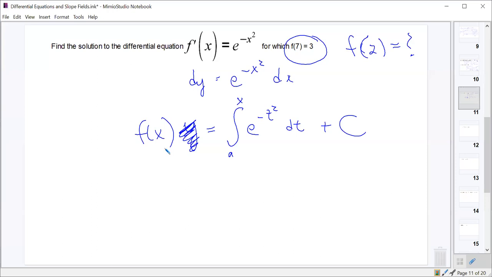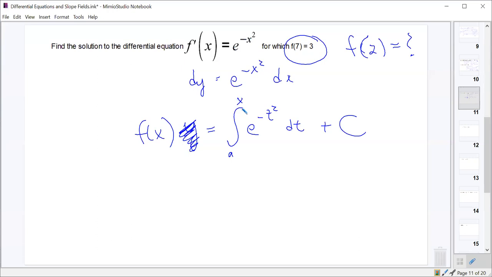Well, the problem with doing that is I still wouldn't know what a is, for one. I need to get an actual value here for a, and the x has to stay as an x so that when I take the derivative of f of x, I get e to the negative x squared still. If I don't have an x up here, I don't get that.